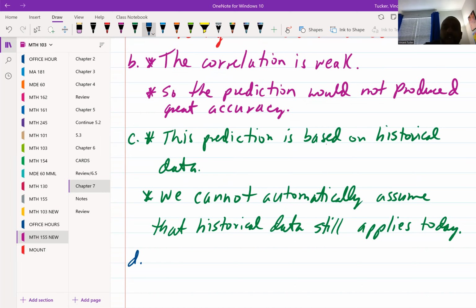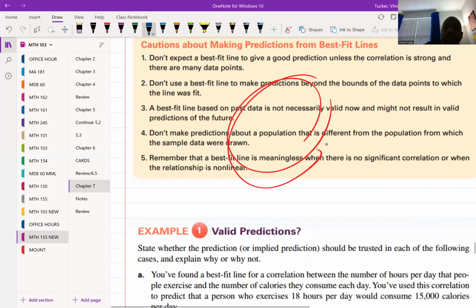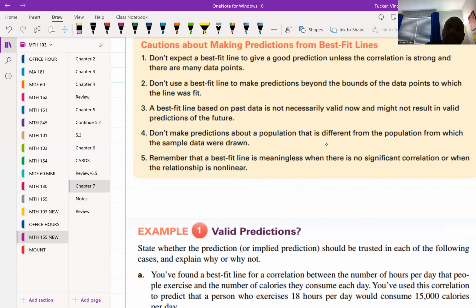And remember, all of this rationale comes from predictions.